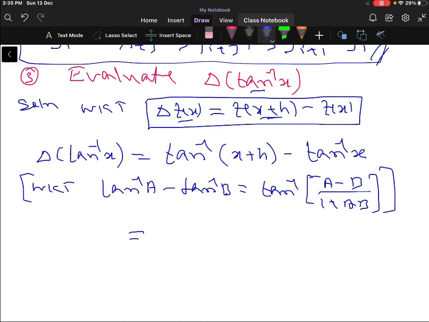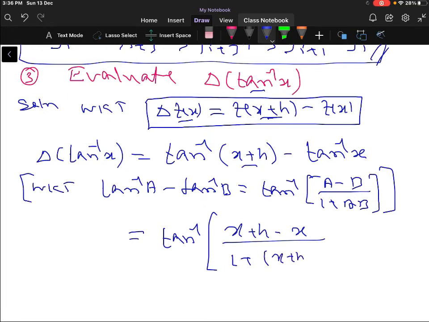Therefore, delta of tan inverse of x is equal to tan inverse of, where a is x plus h and b is x, x plus h minus x by 1 plus x plus h into x. So x and minus x get cancelled.